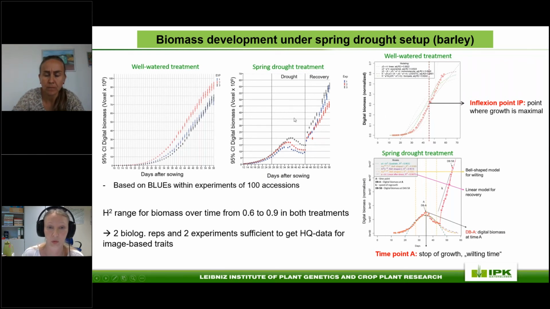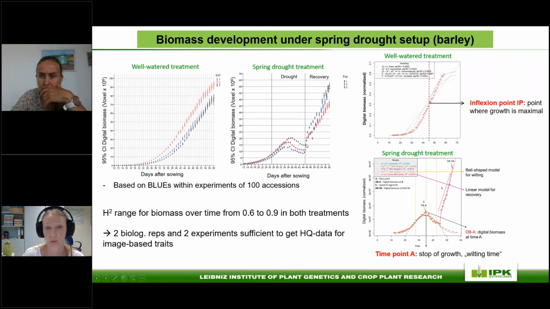While in the spring drought treatment, in the drought period, of course, plants can still grow for a while until the drought effect is too severe and they stop growing. And depending a bit on the environment, because you have kind of seasonal effect still in the greenhouse, then even this biomass parameter from the images is decreasing, which is basically reflecting a loss of water, so a loss in fresh weight and not in dry weight.